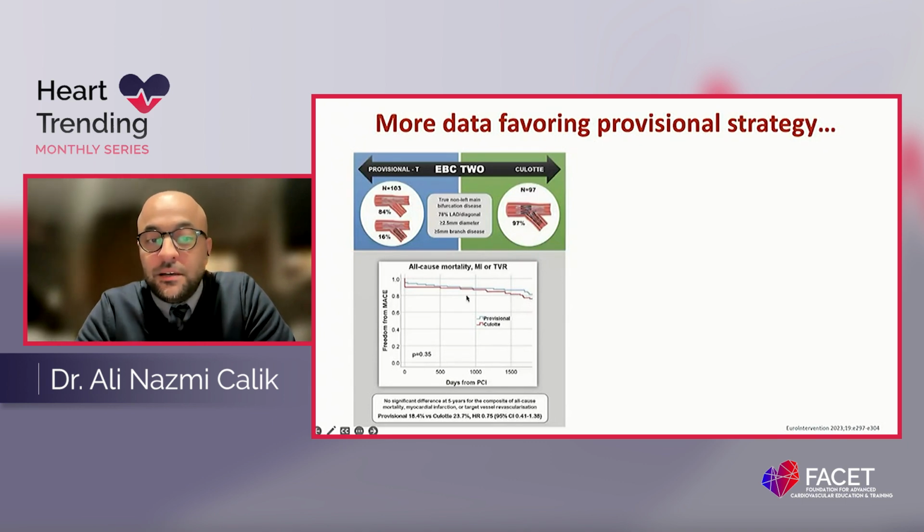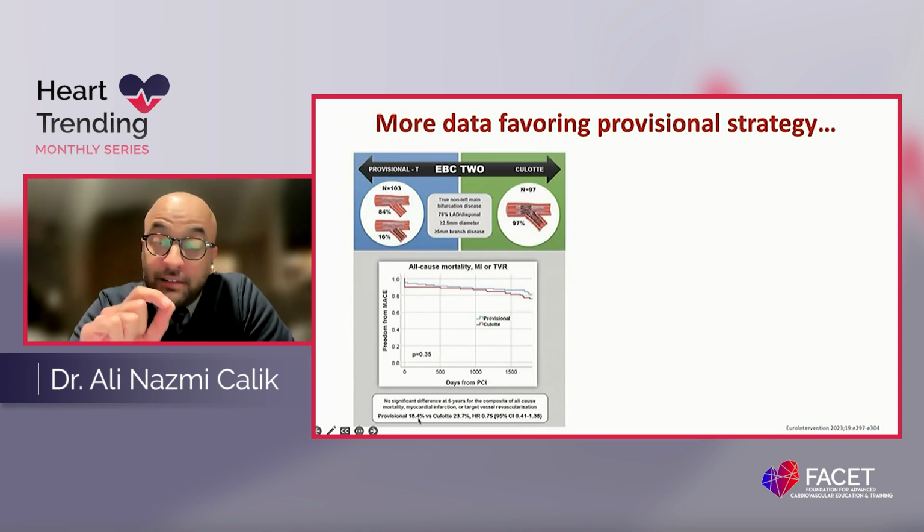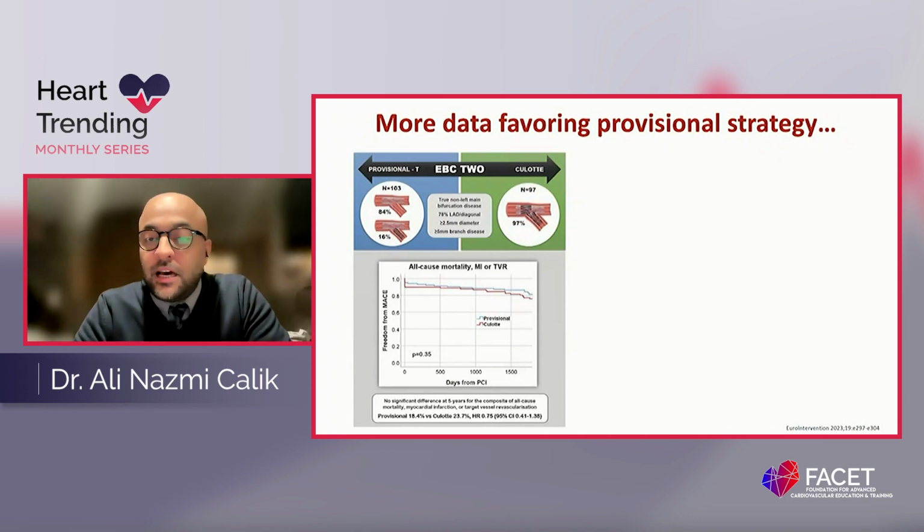As you can see, there is no difference after 5 years. And numerically, there is a decreased rate of MACE with provisional strategy. This study tells us, as a summary, two stenting may not be beneficial for all the patients.